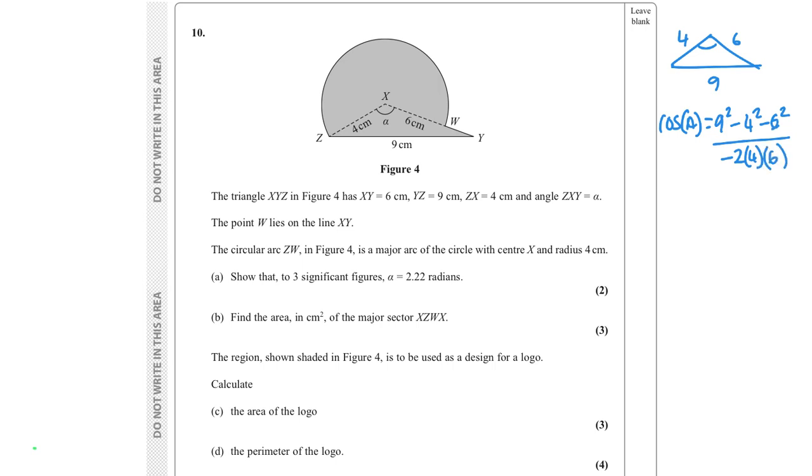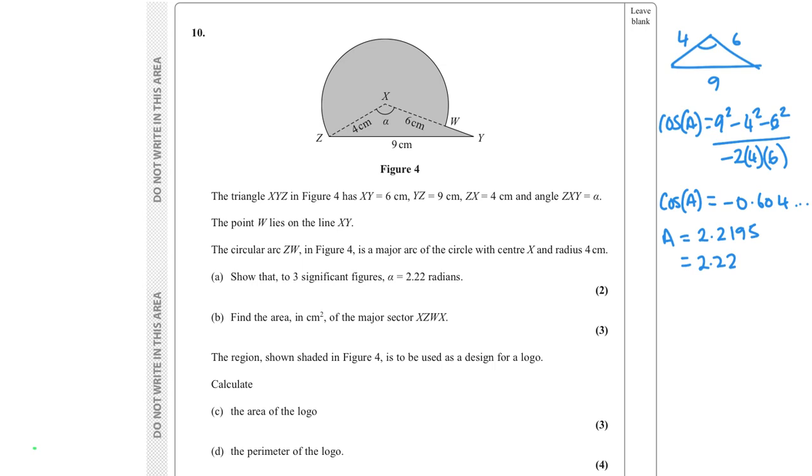Okay, I'm going to make sure my calculator's in radians. Okay, so I then got cos of A equals negative 0.6 dot dot dot. So shift cos answer, so that I keep it exact. It's 2.2195, which rounded to 2 decimal places is 2.22.